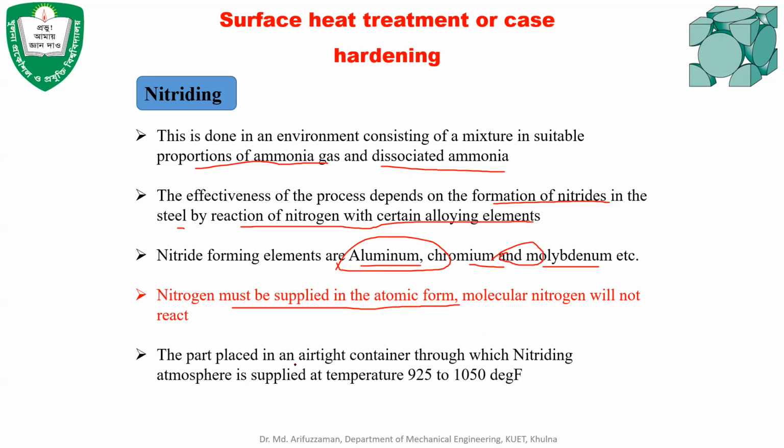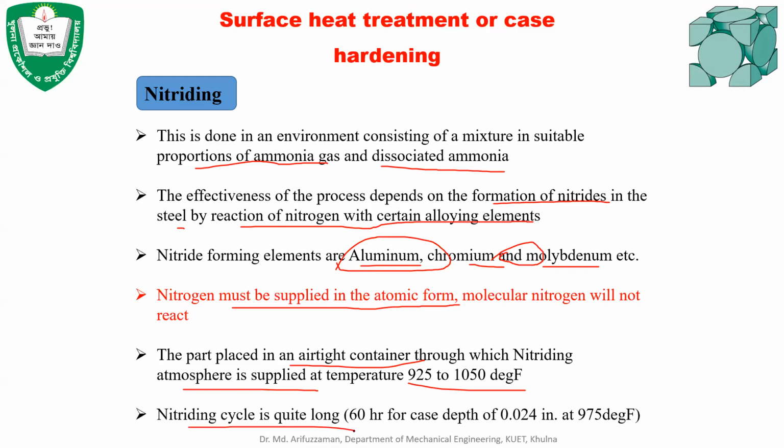And the part is placed in an airtight container, through which the nitriding atmosphere is supplied at a temperature of 925 to 1050 degrees Fahrenheit. At this temperature, the nitride forming elements react with the nitrogen to form a hard structure.